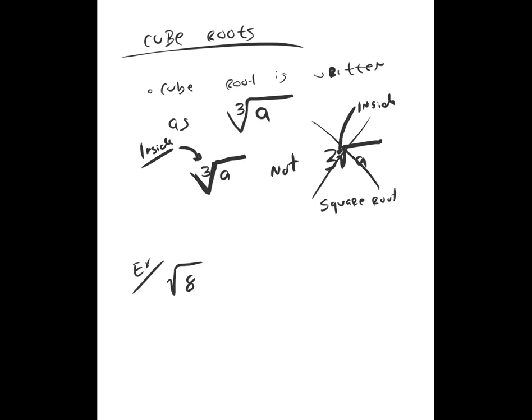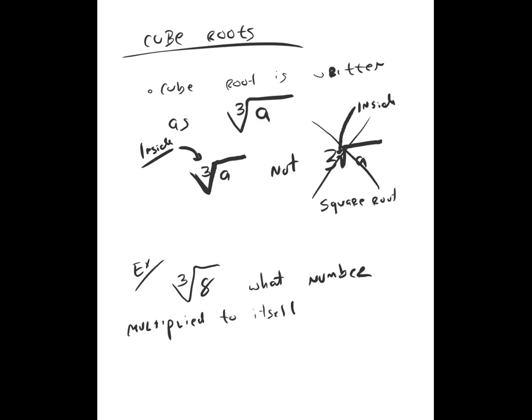This means what number multiplied by itself 3 times gives 8. Right, so that's what cube root means.